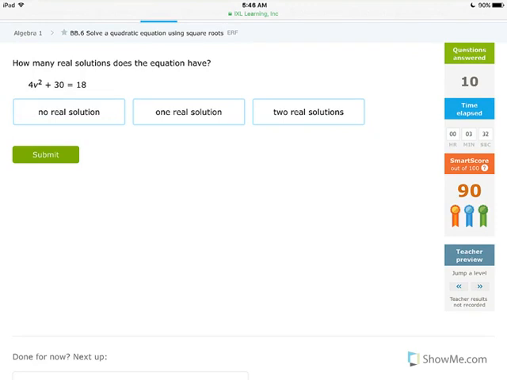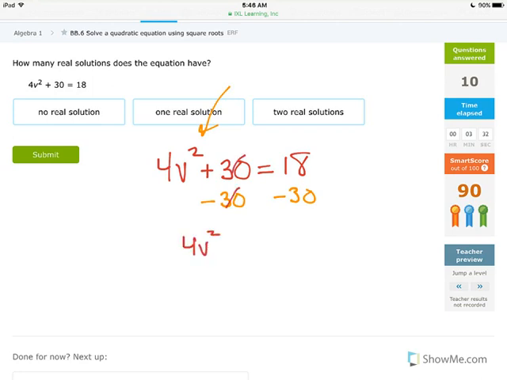And this one, so we have v squared times 4 plus 30 equals 18. So again, we need to get v squared by itself first. So we're going to subtract 30. So undo your addition and subtraction first. So your 30s cancel. You're left with 4v squared. And 18 minus the 30 should get you negative 12. And then divide both sides by 4.